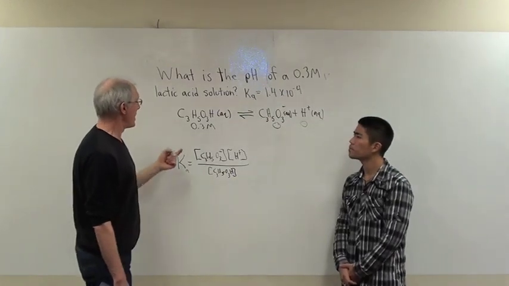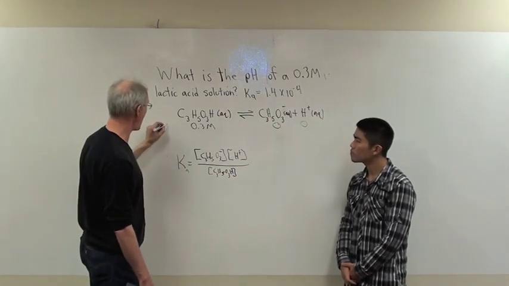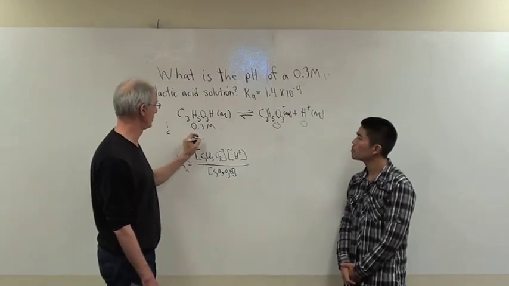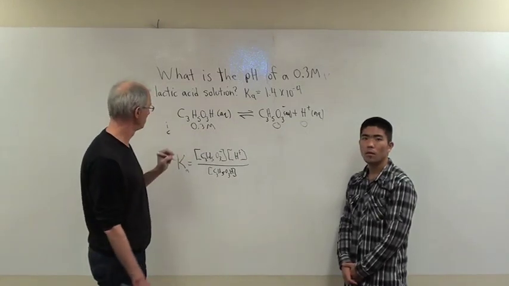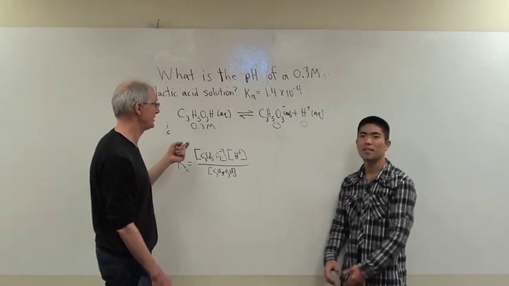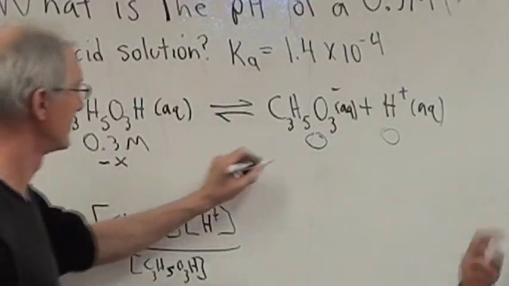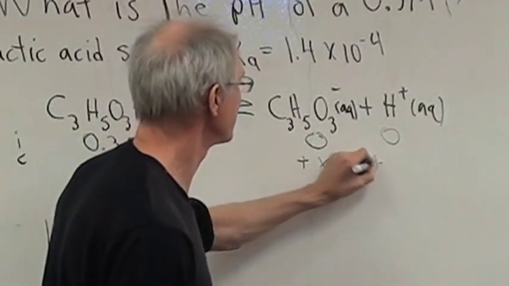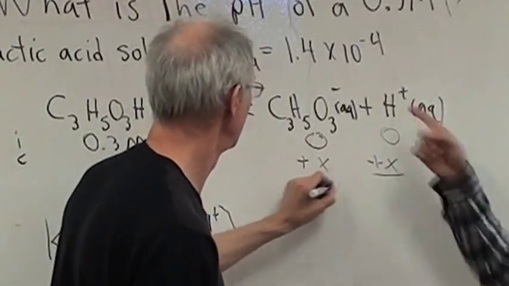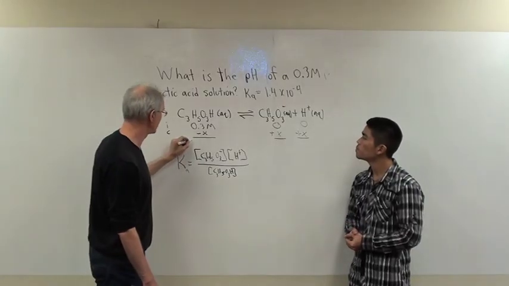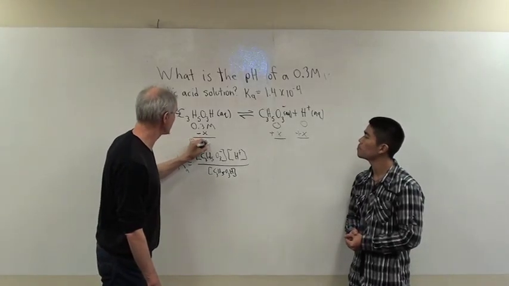Right. And then we can say, okay, that's my I. My change, well, this is going to increase or decrease? Well, it's probably going to decrease. Yeah, now that we know Le Chatelier's principle. So minus x, plus x, plus x. And there's no coefficients, so we don't have to worry about those. And then here I get 0.3 minus x.